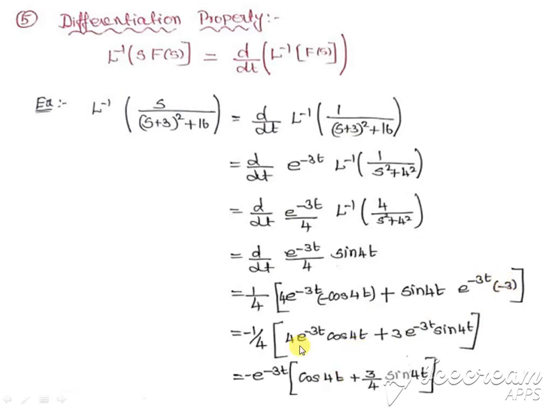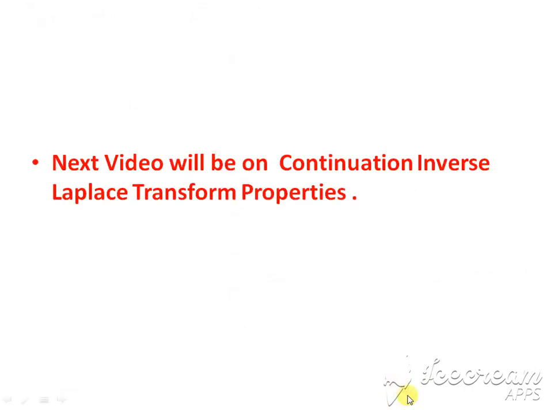While taking minus 3 outside, here already we have plus only, this is plus. So in that answer we have here minus. So multiply 1 by 4 inside, we get minus here, and here 3 by 4. Multiplying, we get the final answer.